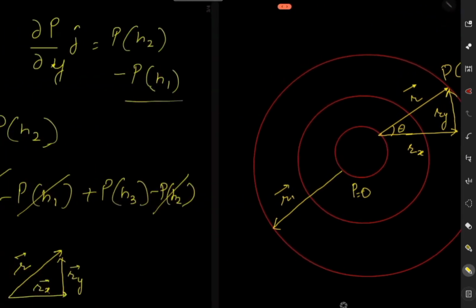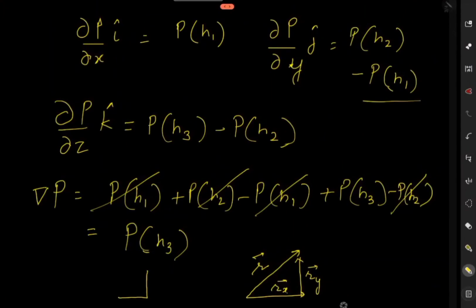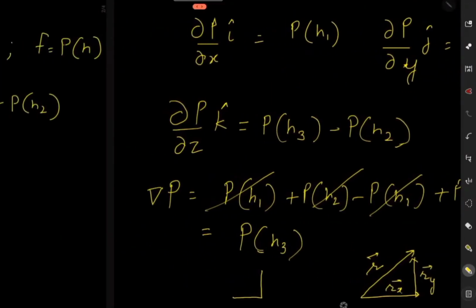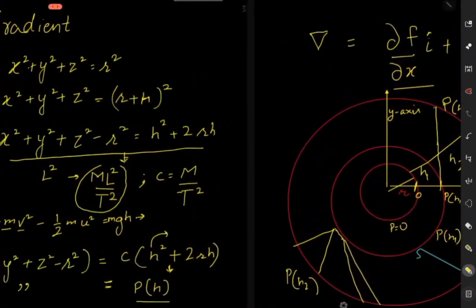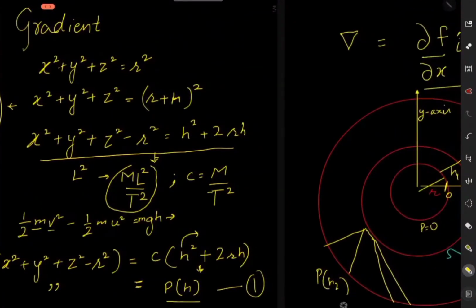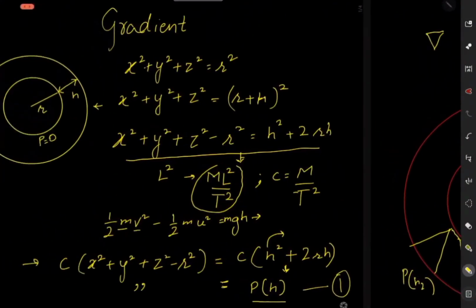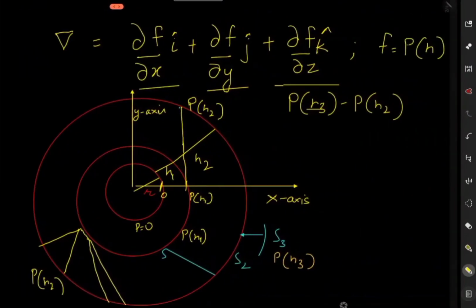So let's go back to our equation. Gradient P is equal to pH. This is our example, which we have understood by an example. So let's go back to our first equation. If we apply gradient to this equation, we have taken this as our example, and this is our definition of gradient.